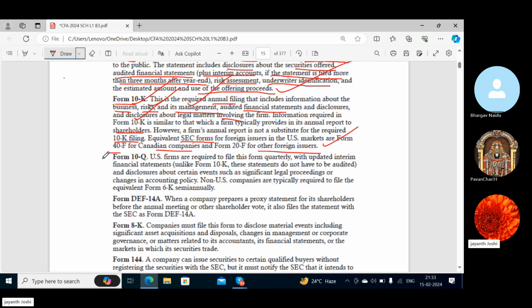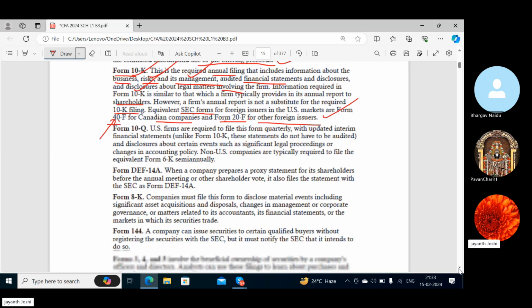Those Canadian companies have to file Form 40-F. If Infosys is registered on the New York Stock Exchange, they are raising finance in the US, so they have to file Form 20-F, as non-Canadian and non-US companies.